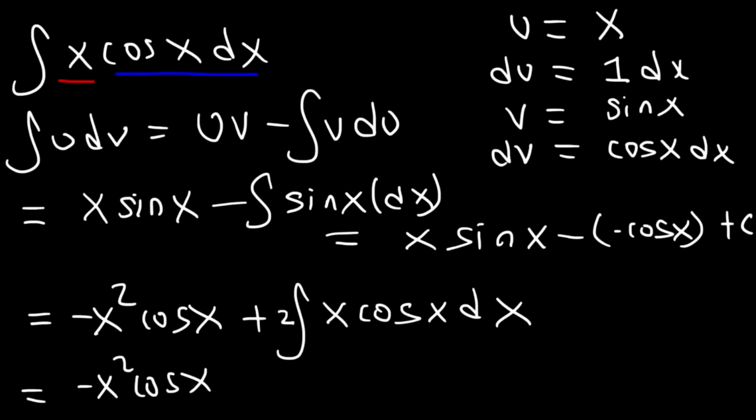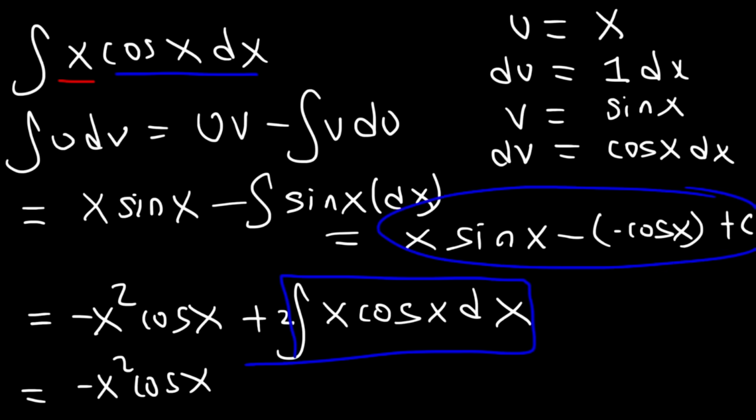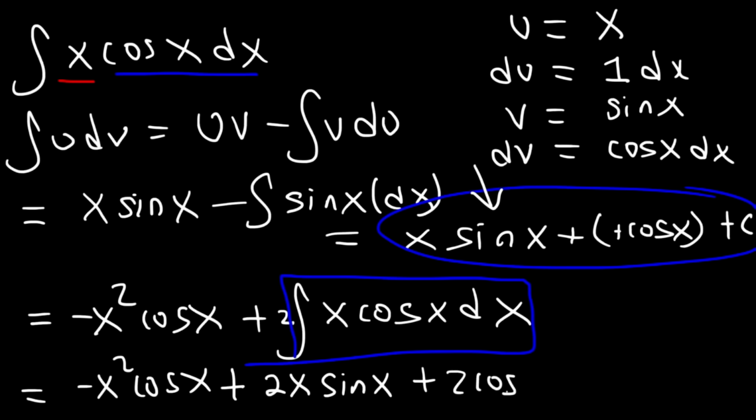So now what we need to do is replace this part with what we have here. So it's going to be plus, we need to distribute 2 to everything in here. So it's going to be 2x sine x plus, this would be plus cosine x, but times 2, so plus 2 cosine x.